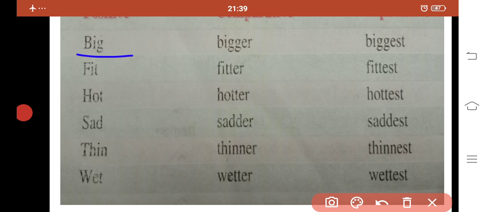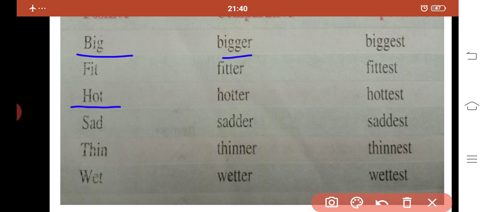The final letter is a consonant, G, and this consonant is preceded by a vowel, I. So the final consonant is doubled and we need to add er for the comparative form. Clear? The same way we have to double the consonant letter and add est in the superlative form. One more word. Here we took the word hot.